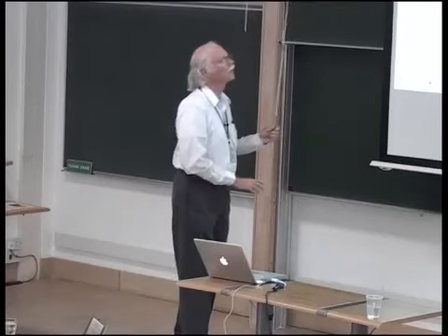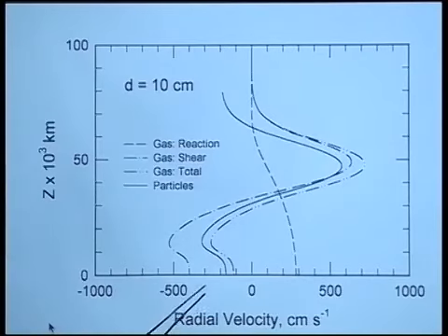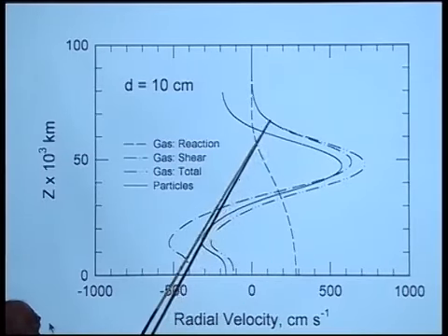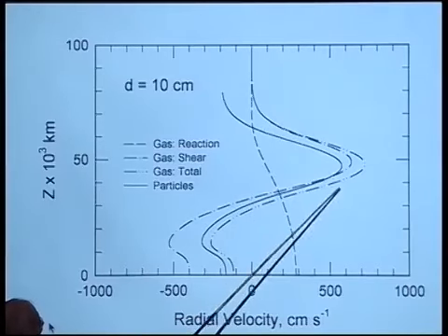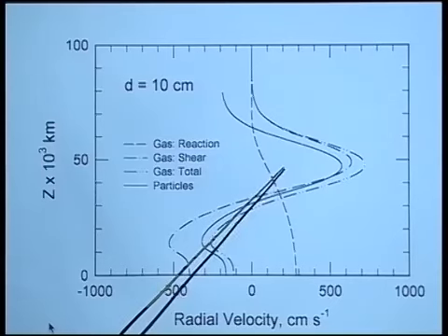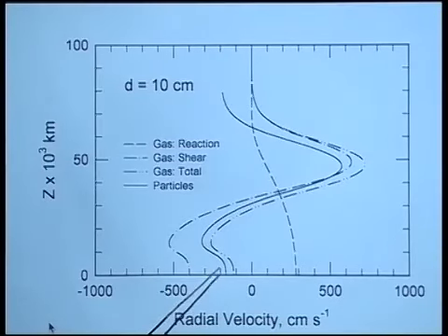But even here with 10 centimeter sized particles, you have this region where you have particles going inward at a velocity of several meters per second, and yet farther up near the surface of the layer you have this substantial region where particles are moving outward at comparable velocities, although there are fewer of them up here than there are down here because of the higher density of particles near the midplane.